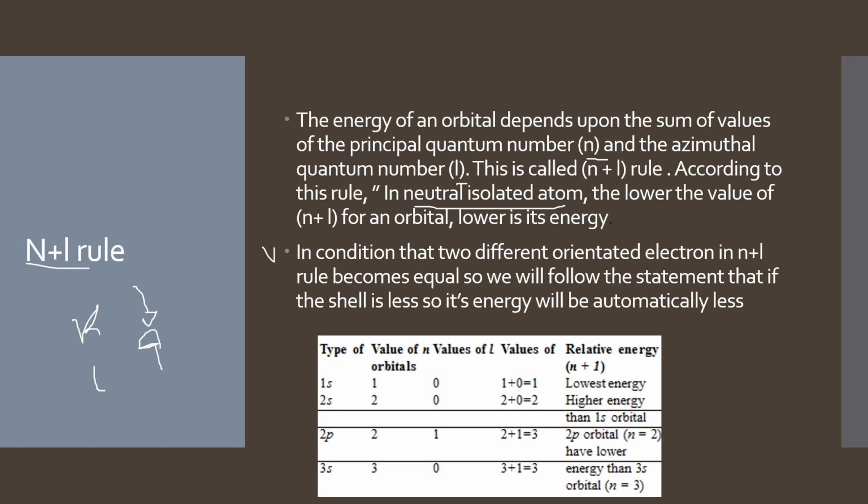Let's look at this figure. 1s means it is in the K shell, so it has the lowest energy. If it is in the L shell, its energy would be higher. But in both cases the azimuthal quantum number would be 0. So this is the condition of the n plus l rule.